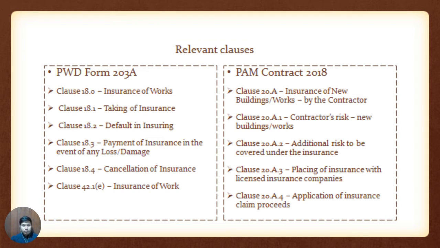Meanwhile, in PAM Contract 2018, it consists of insurance of new building by the contractor, contractor risk for new building or work, additional risks to be covered under the insurance, placing of insurance with licensed insurance companies, and the last one is application for insurance claim proceeds.